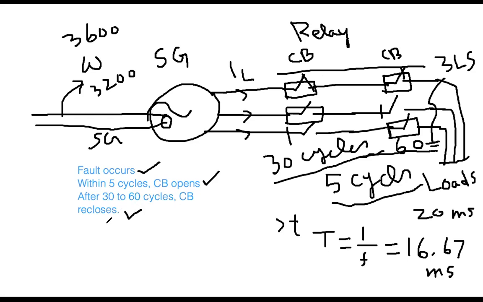Again, the circuit breaker will reopen. So in that case, CB reopens within 5 cycles. You see? So this situation is if the fault is not cleared and the fault is permanent.